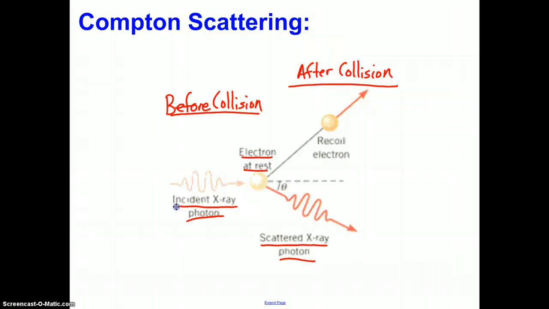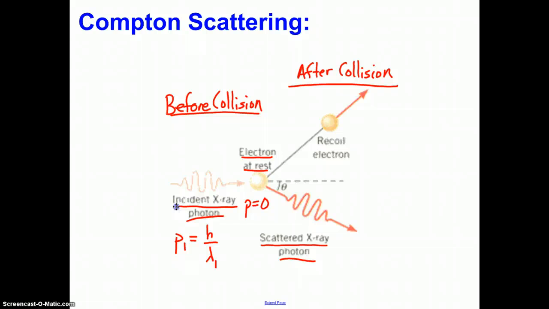And what Compton figured out was an expression for the momentum, and we're going to call it P1 because it's the initial: P1 equals h over lambda. So the momentum of the X-ray photon is given by Planck's constant divided by the wavelength of the photon. Of course, our electron is not moving, so it has no momentum.